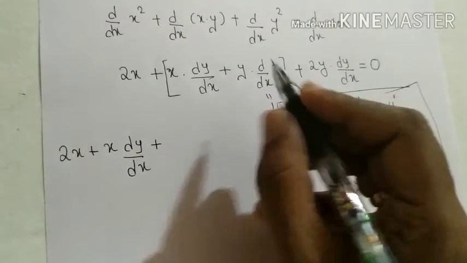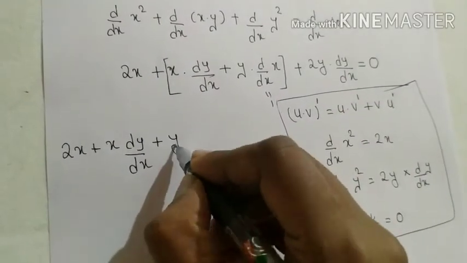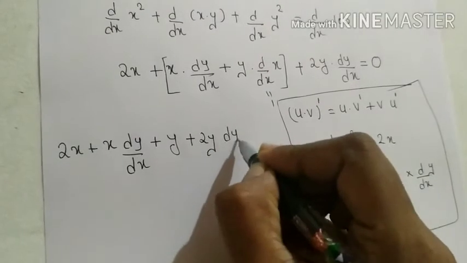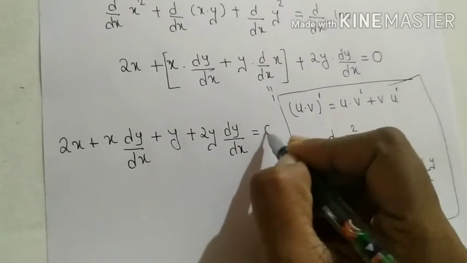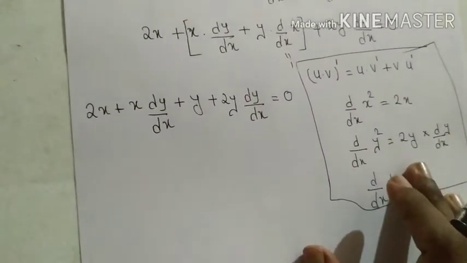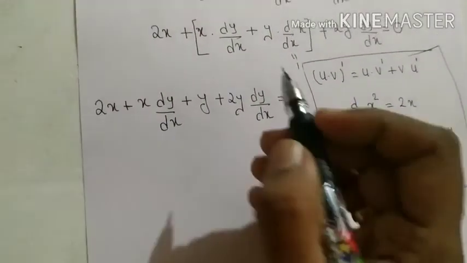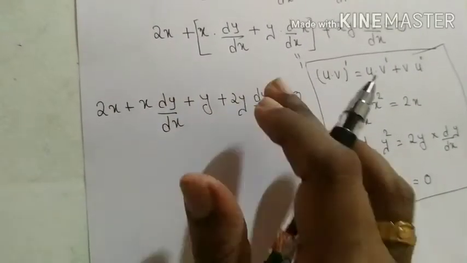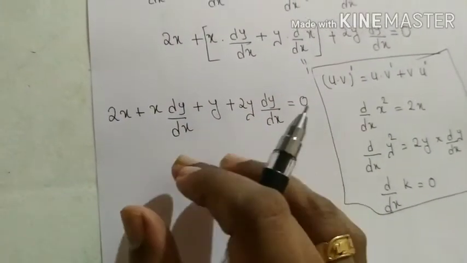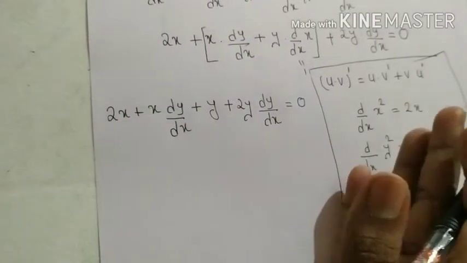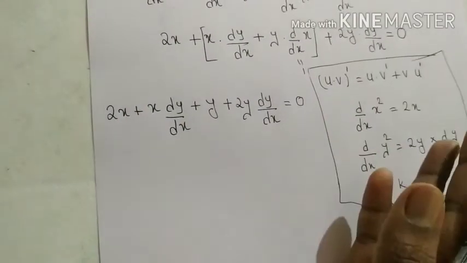So y into 1 is y, plus 2y into dy by dx equal to 0. Okay. Next step, I am going to keep all the dy by dx terms on the LHS. The other terms I am moving towards the right hand side.